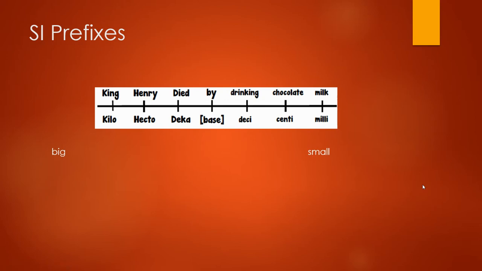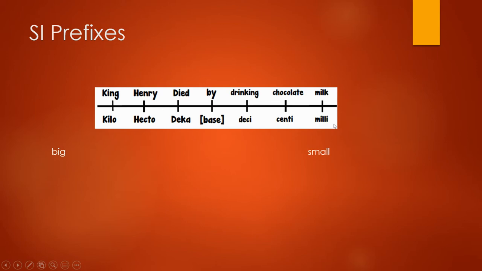But the ones that you guys memorized in order was this King Henry Died by Drinking Chocolate Milk mnemonic that allows you to have these memorized in order. So these over here on the left end with the kilo are really big, and the milli is very small.